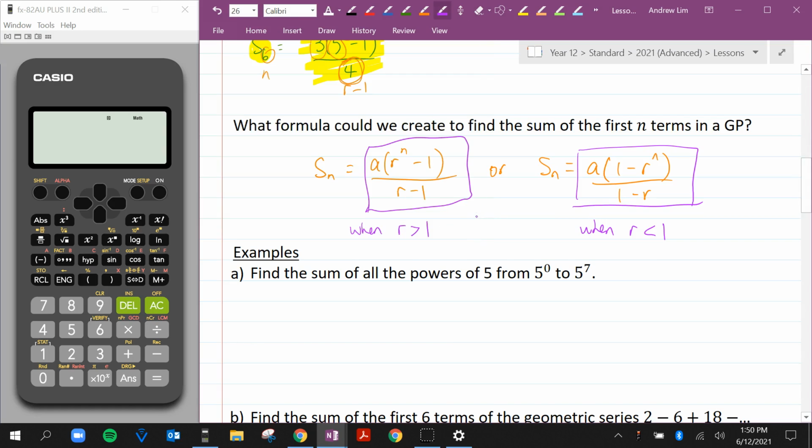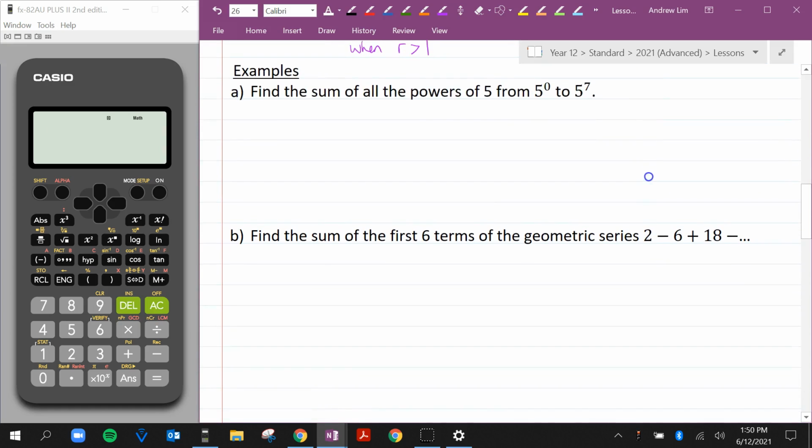All right, let's have a look at some examples. Find the sum of all the powers of 5 from 5 to the power 0 to 5 to the power 7. We know this is a GP because it has a common ratio of 5. So the formula is S of n is equal to a bracket r to the n minus 1 over r minus 1. We need a, r, and n.